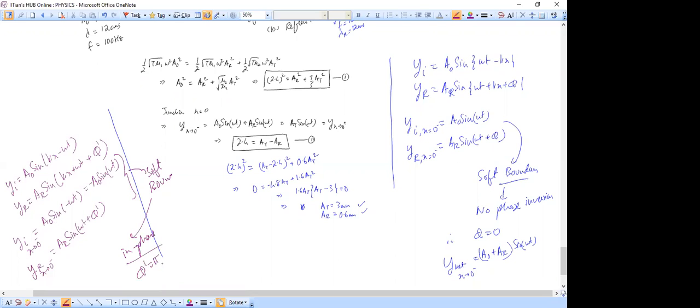So if we write this way, your y net at x tending to 0 minus will become minus of A naught plus A reflected sine omega t. So that is the main thing: if there is no phase inversion, the amplitudes add up, and if there is phase inversion, then the net is the difference of the amplitudes. That's a rule of thumb you can remember.